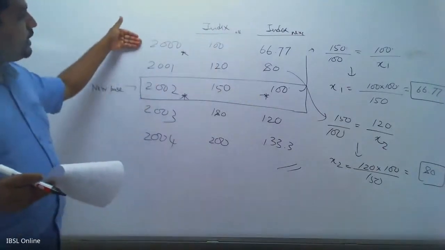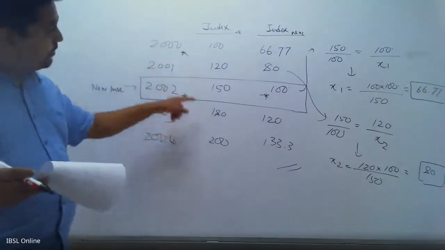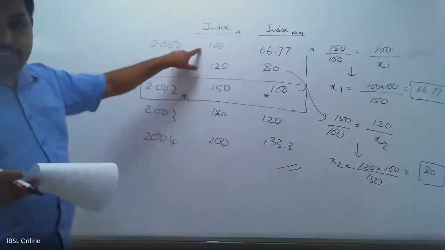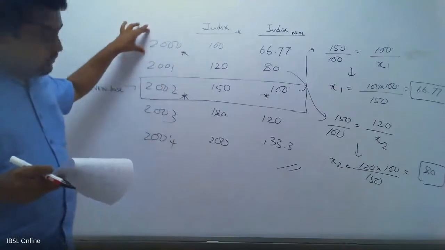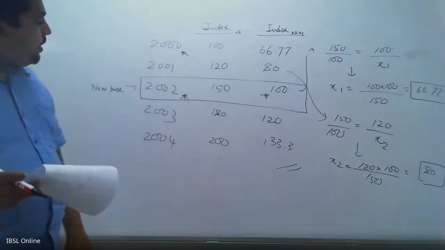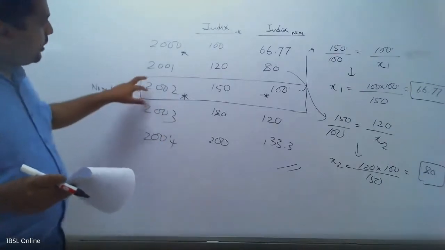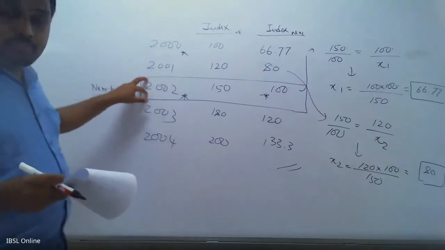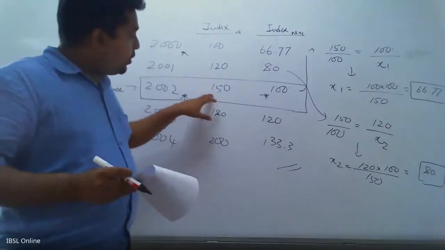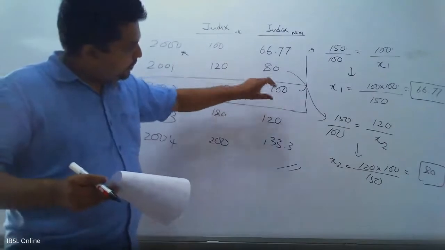I repeat, we had year 2000 as the base year, and we had some old index values, 100, 120, 150, 180, 200. Under this, we defined year 2000 as the starting point. Later, we redefined 2002 to be the new base year. So this value of 150 is going to be equal to 100 now.